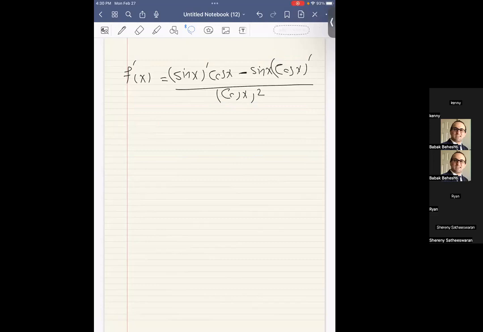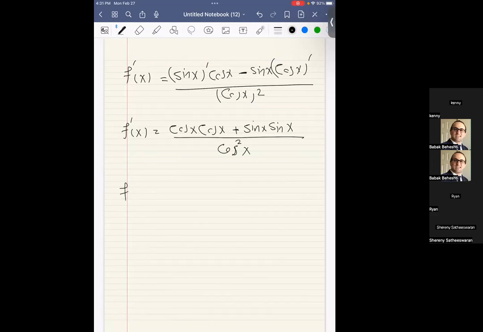So f prime would be equal to, the derivative of sine x is cos x, so it's cos x times cos x, minus the derivative of cos x, which is minus sine x, because there is already another minus. So minus times minus is plus, so you have plus sine x times sine x over cos squared.